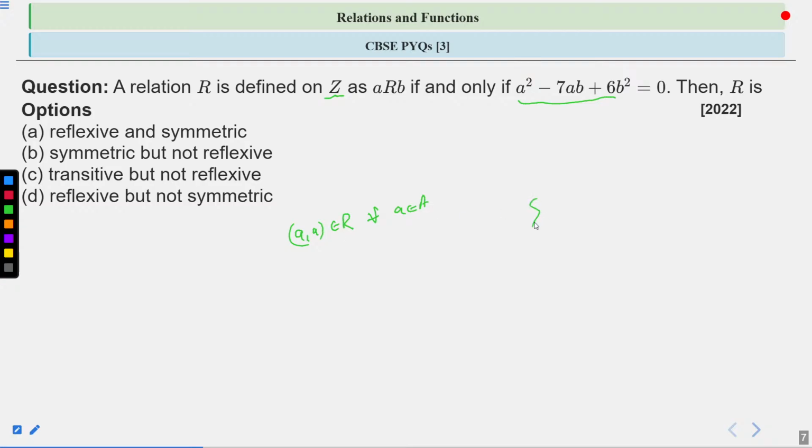That means suppose we have the set {1,2,3}, then for the relation to become reflexive, (1,1), (2,2) and (3,3) must lie in the relation R. Clear? All the three ordered pairs must lie in the relation R. Got it? This is the condition for reflexivity, right? What is the condition for symmetricity?